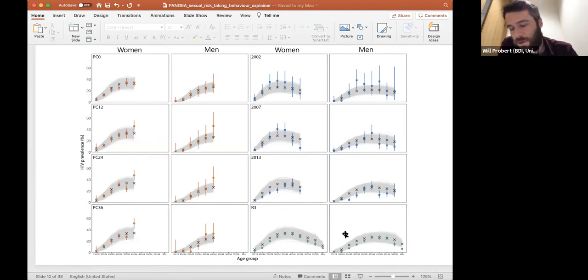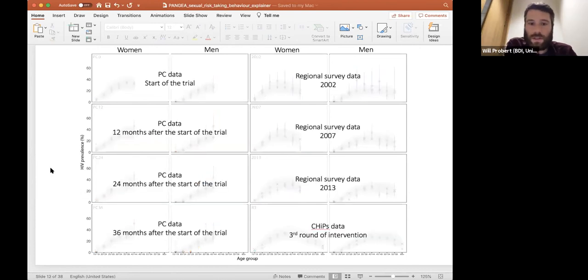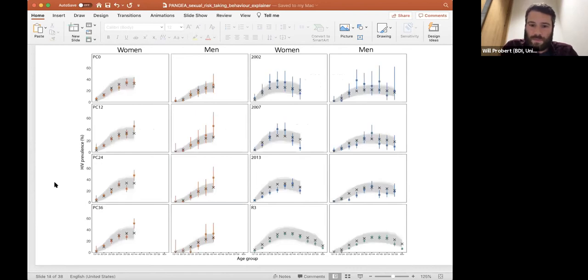And shown in green is HIV prevalence data from the final round of the CHiPs intervention. Putting labels over the top of these, this is from the start of the trial, then 12 months after the start of the trial, 24 months after, and 36 months after, and so on, different time points from different sources of data that the model was fitted to.